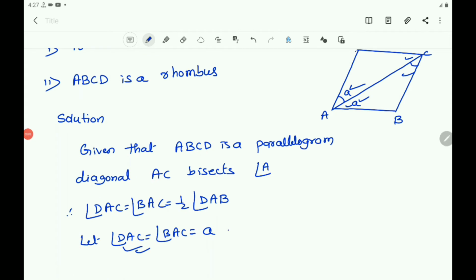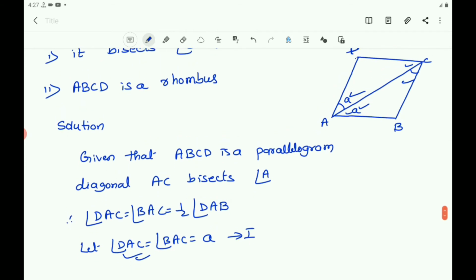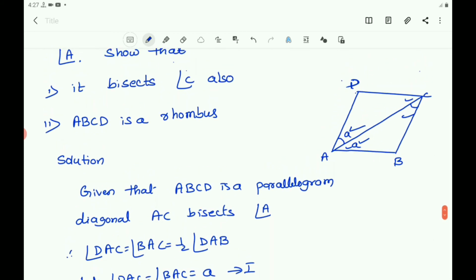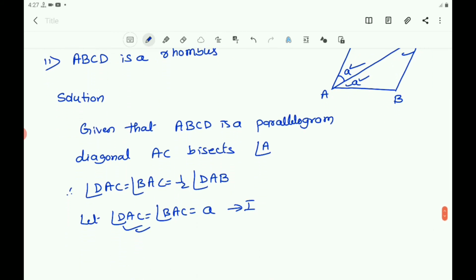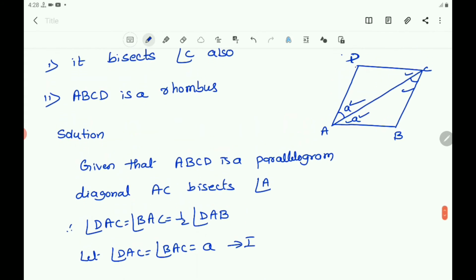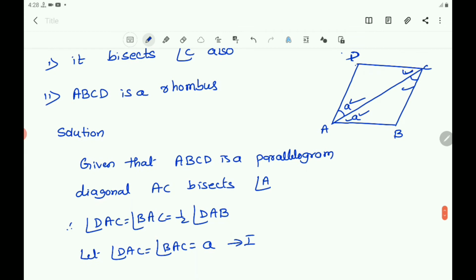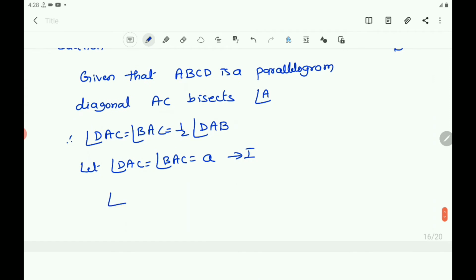Consider this the first. Here we have taken angle DAC and angle BAC are equal. Let them be equal to A. Now you know that angle ACD equals angle BAC.